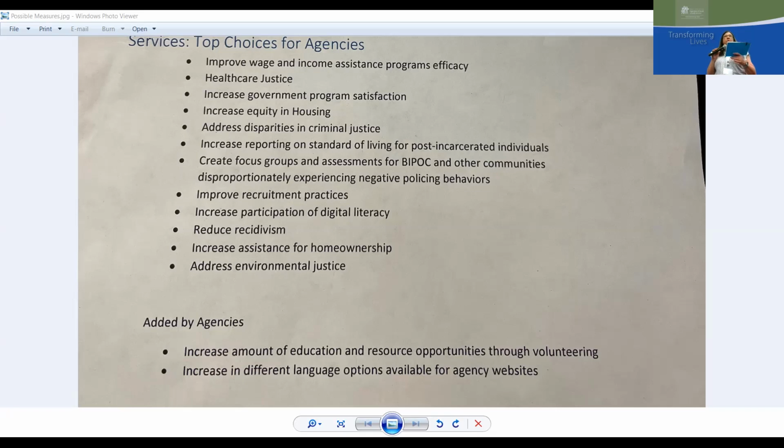There was some conversation about either rewording or expanding that so that it wasn't just for websites, but other documents and other means of communication. And then our 4th option was healthcare justice. So Mark, would you like to take yourself off speaker and share with the group from the agency's perspective why increased equity in housing was selected?